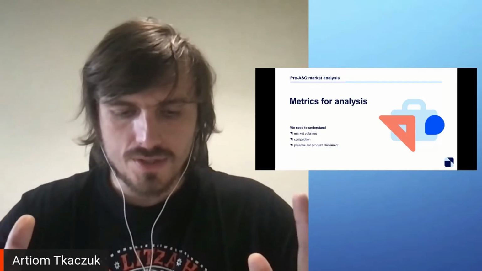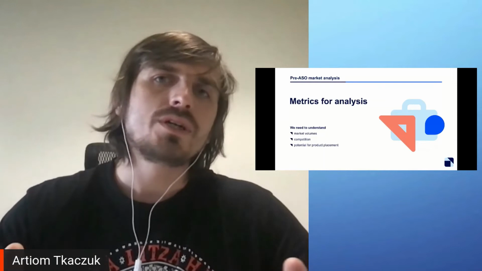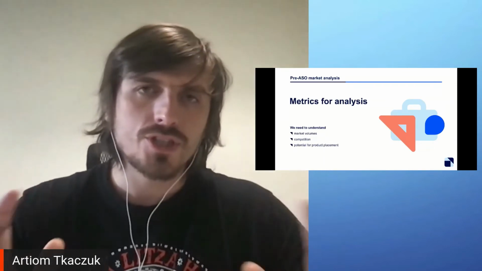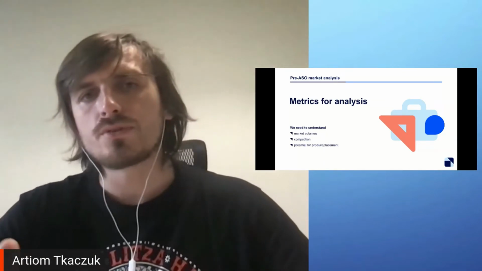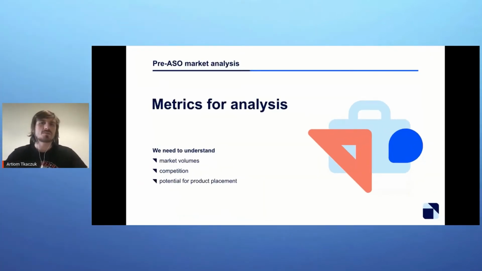At ASO Desk, we think that any product owner needs at least three main metrics to find an opportunity to grow. We need to understand the volume of the market from the organic traffic perspective. We need to understand how tough the competition is on those markets. And we need to understand what the potential would be for our application in a given market niche. In terms of organic traffic, we know which ASO metrics are core to those areas.